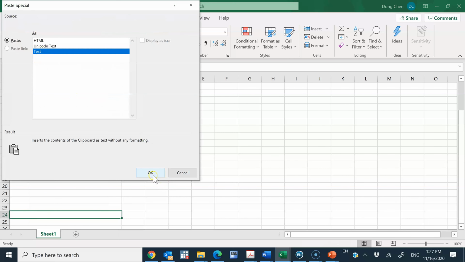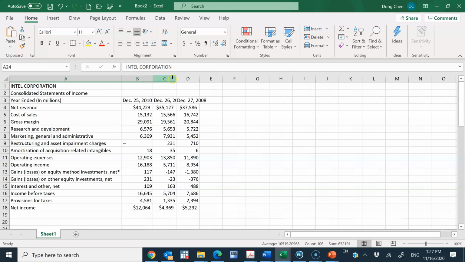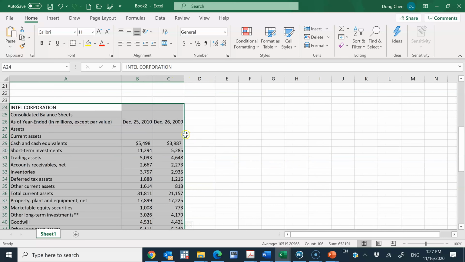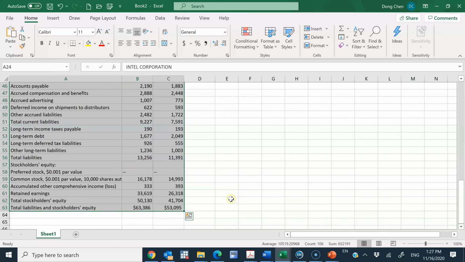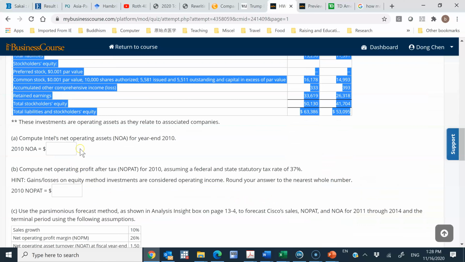The reason for me to do that is because I want to make sure that a year matches across the income statement and balance sheet. This may not be useful for this specific question, but I keep that as a habit, which might be useful in some cases.